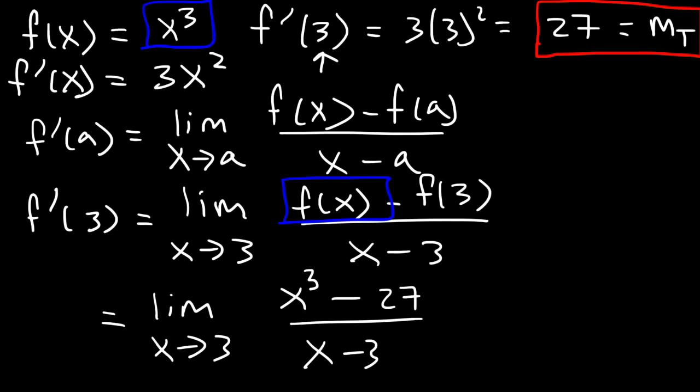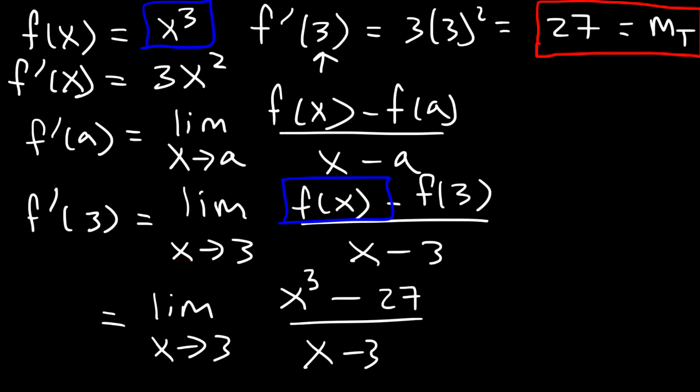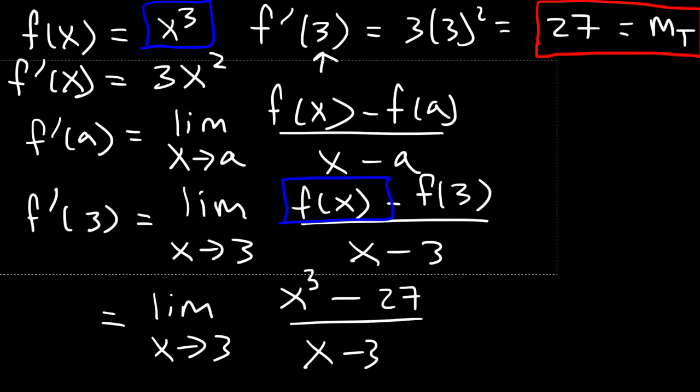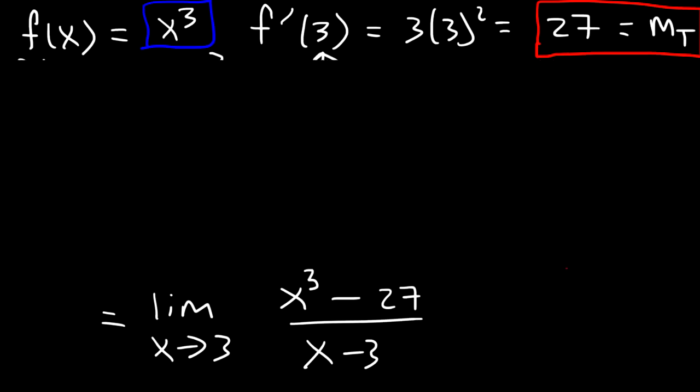Now, how can we evaluate this limit? What is the limit as x approaches 3 of x cubed minus 27 over x minus 3? It turns out that we could factor the expression. To factor it, we need to use the difference of perfect cubes formula. And here it is.